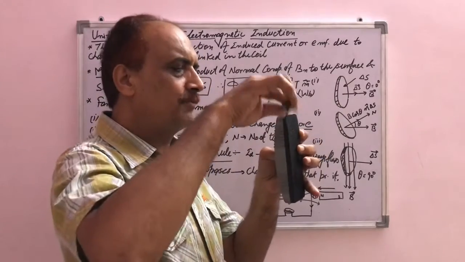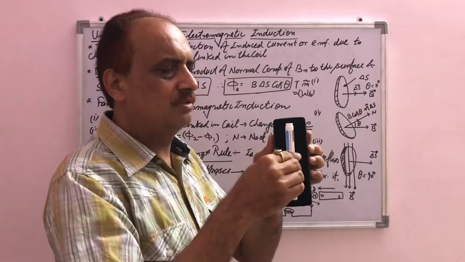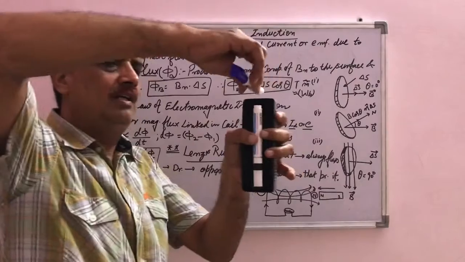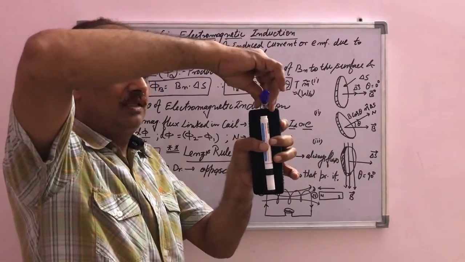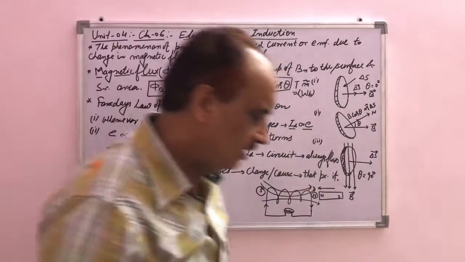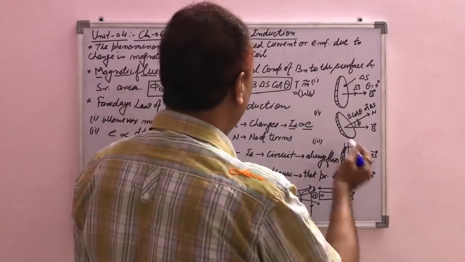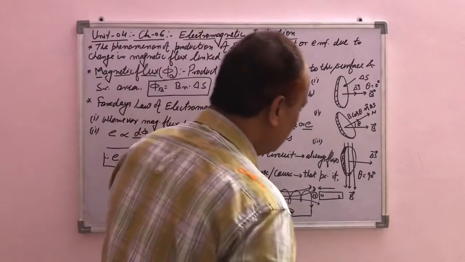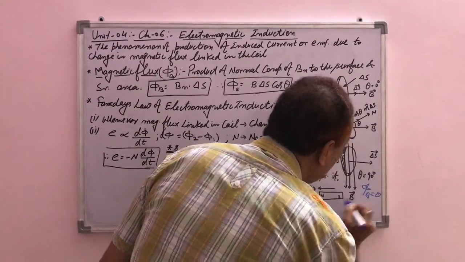But because the magnetic lines are drawn flowing like this, the surface area is represented like this, and this is the thickness of the sheet. So this and this make an angle of 90 degrees. So in that condition, theta will be equal to 90 degrees. When we put theta equal to 90, cos theta will be 0. So in that condition, the magnetic flux phi b will be equal to 0.